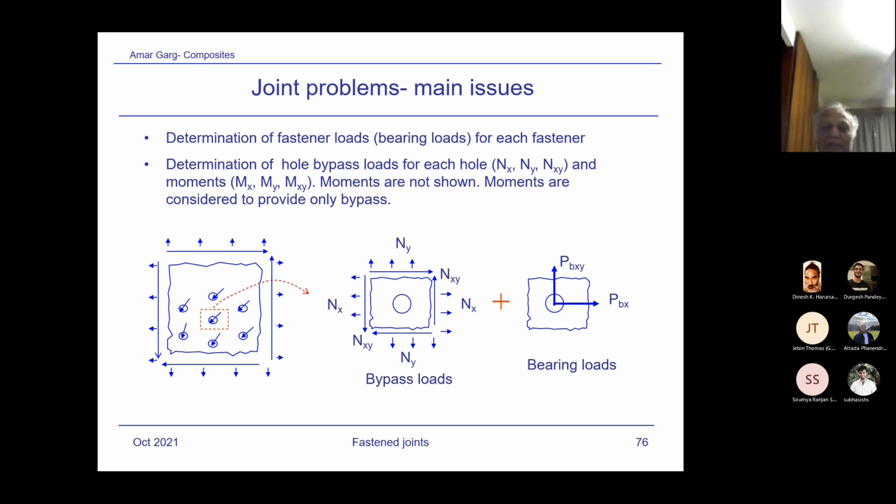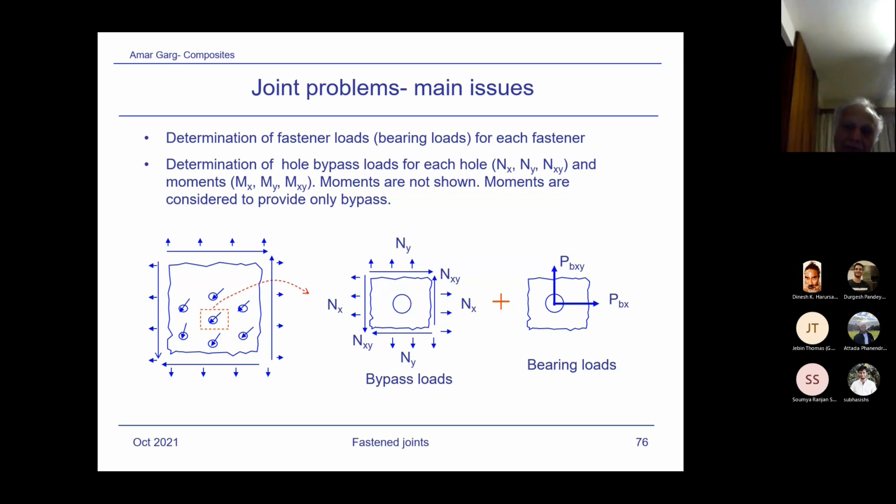Because as I showed yesterday, at the smaller loads, the load distribution is unequal from one fastener to another fastener because the material does not yield at that load. And that is why at the fatigue loads, you don't consider any yielding of either fastener or the aluminum. And that is why the bearing and bypass interaction for the metals is also considered for fatigue.